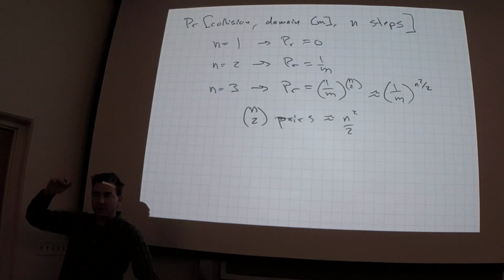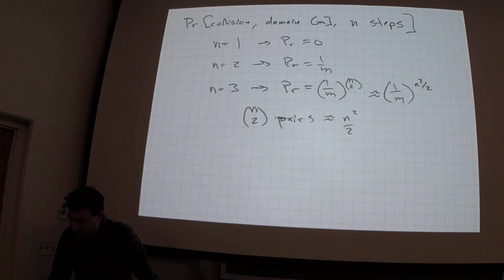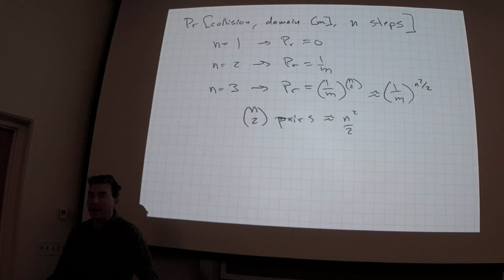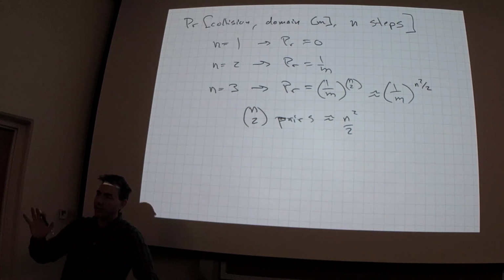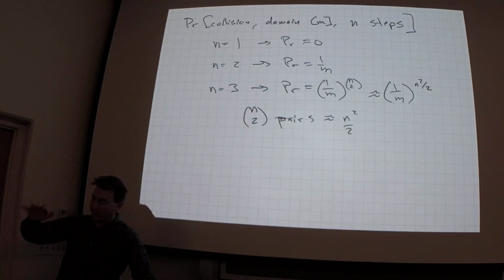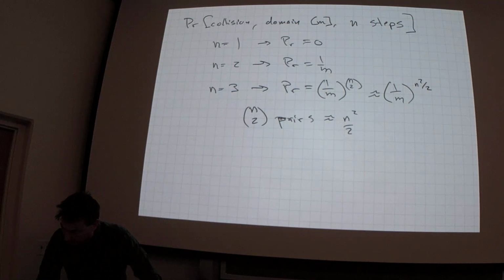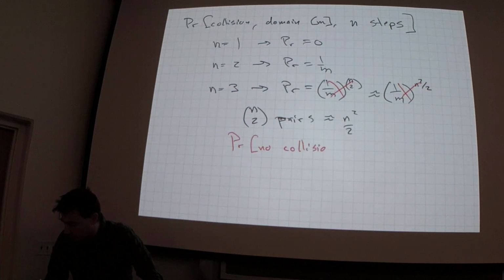This is getting smaller the more birthdays I have. I want to say the probability that I don't have a collision is going to go down instead, right? So the probability of no collision is going to be equal to 1 minus 1 over m, right?